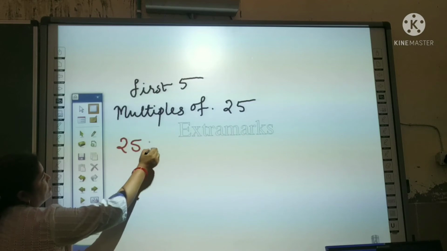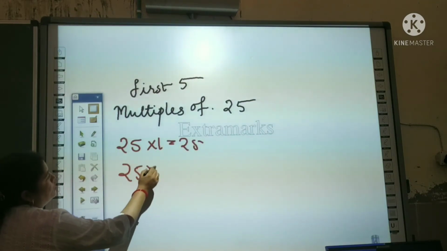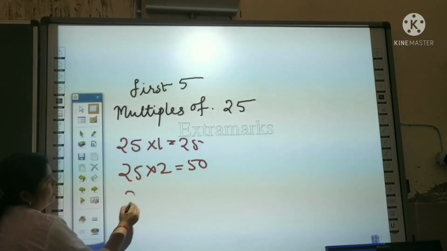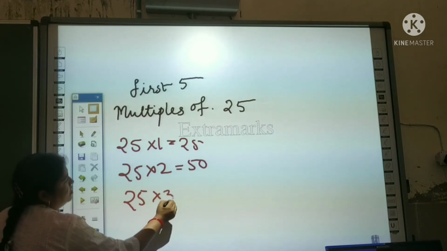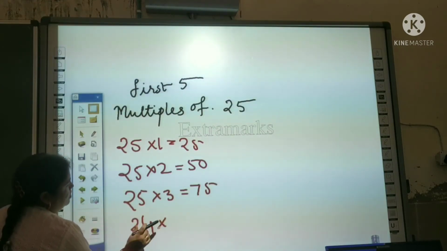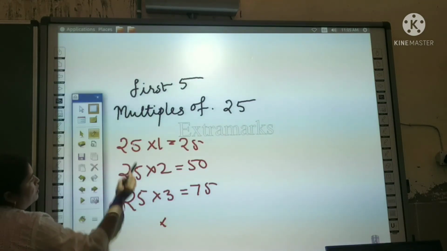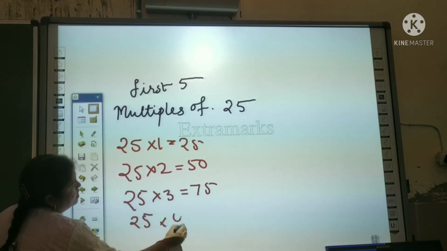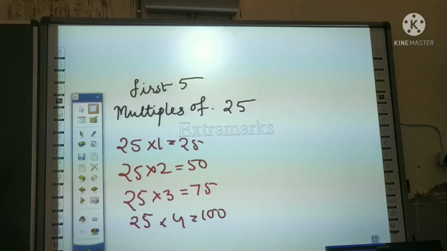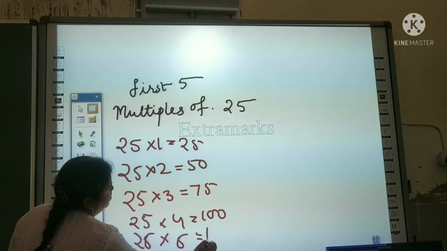Okay, 25 ones are 25, 25 twos are 50, 25 threes are 75, 25 fours are 100, 25 fives are 125.